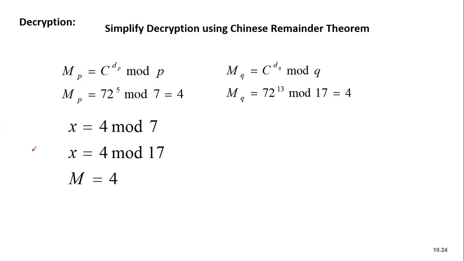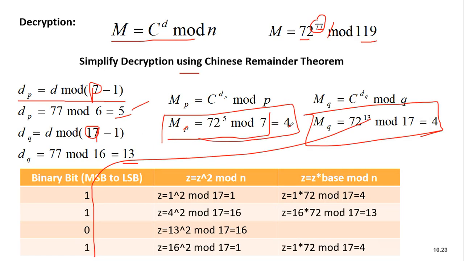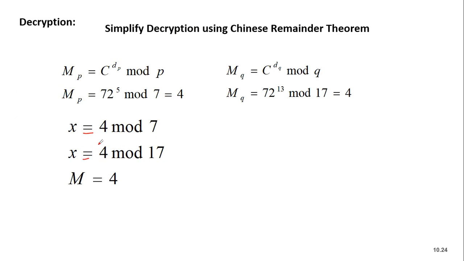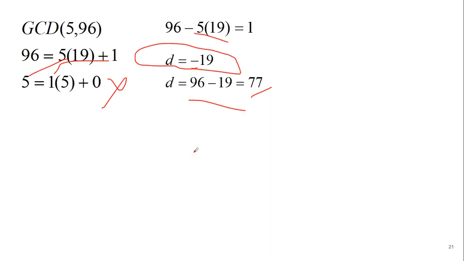So the equation becomes x congruent to 4 mod 7 and x congruent to 4 mod 17. Here there is no need to solve the system, because the answer by default is 4. In this way we get our original text.